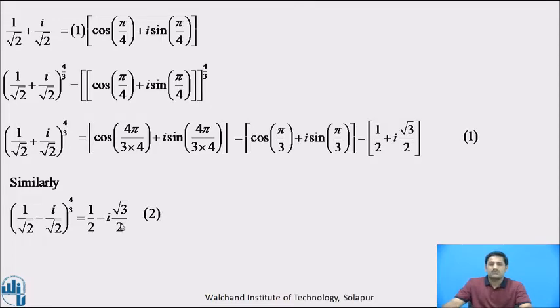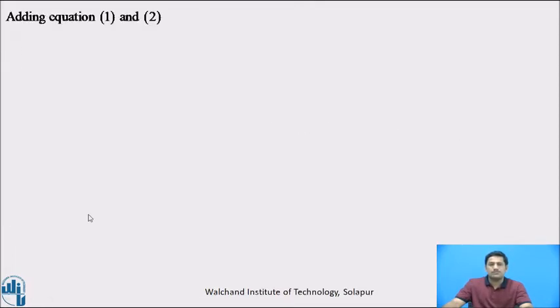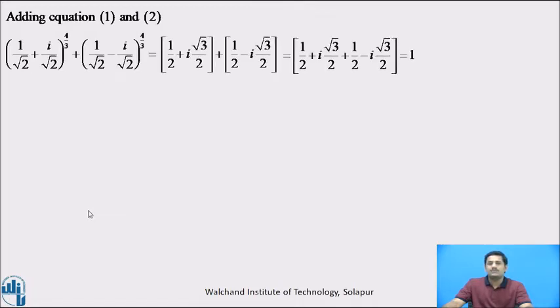Call it equation number 2. Now adding equation number 1 and 2, we get a new equation, and here plus i into root 3 by 2 and minus i into root 3 by 2 cancel, and 1 by 2 plus 1 by 2 is 1. So this is the value of this complex number.